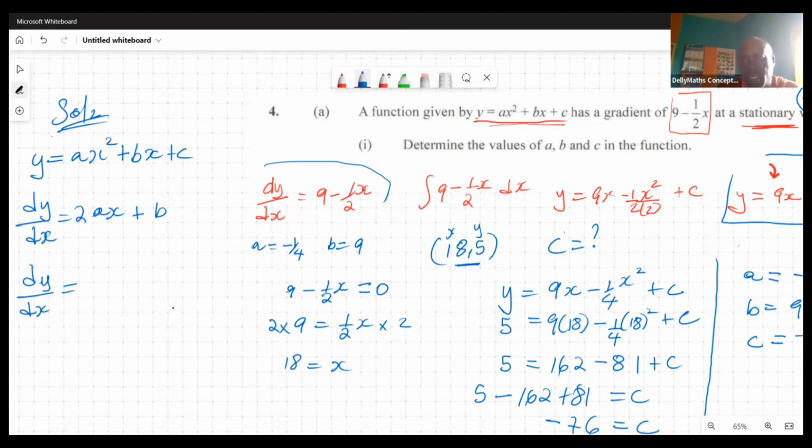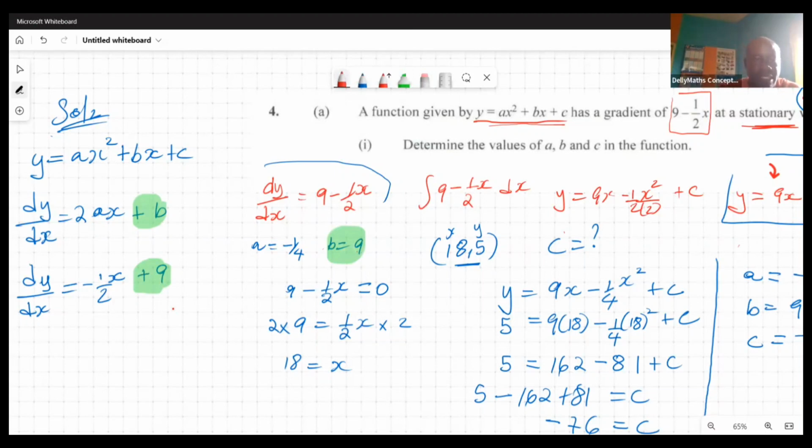I'm going to line up the x's, so I have minus a half x, and I'm going to put the positive 9 at the back. So at this moment, we're seeing where the b is equivalent to the 9, because this is the same function expressed using different variables, but the idea remains the same.